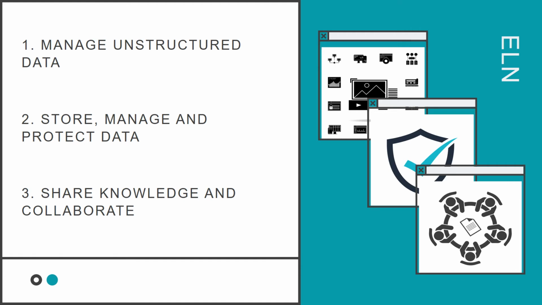ELNs are a great solution when keeping up with growing regulatory pressures to maintain data integrity, validity, as well as security. You also then have the option to share your knowledge and collaborate on projects with peers or members of your team. In short, ELNs were developed to collect and organize your data, whereas LIMS were created to support lab processes.